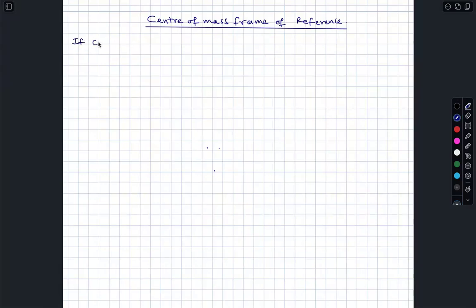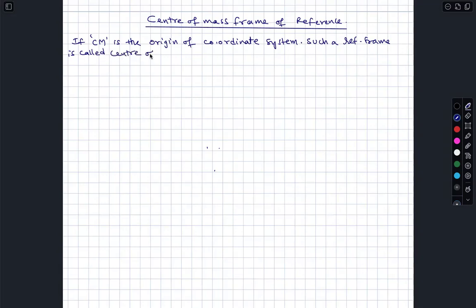If center of mass is the origin of a coordinate system, such a reference frame is called center of mass frame of reference.